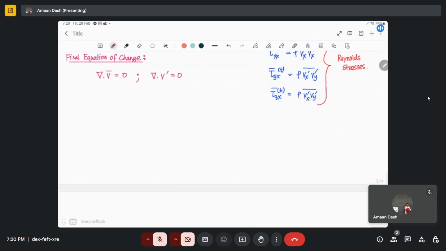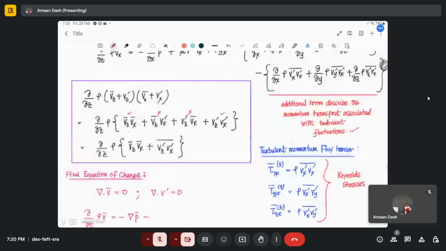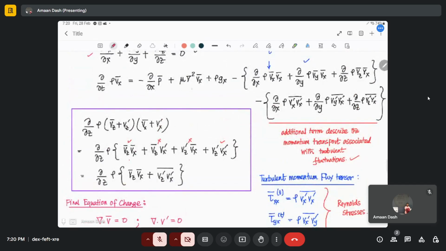And we have the momentum equation, that is dou by dou t of rho times v bar, that will be equal to minus the divergence of p bar, minus, now what we will be having, if you see, is this term, correct?